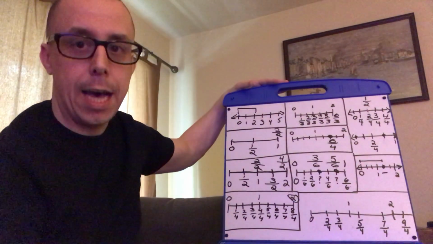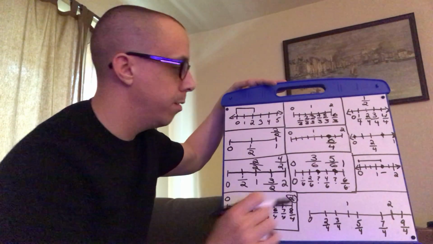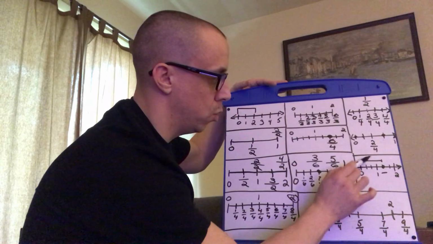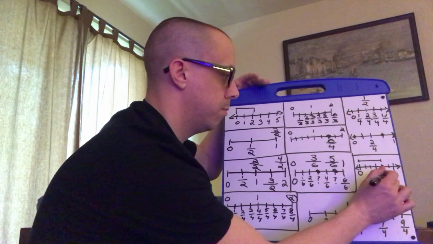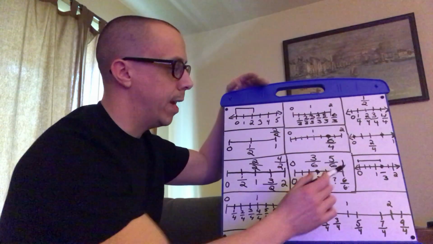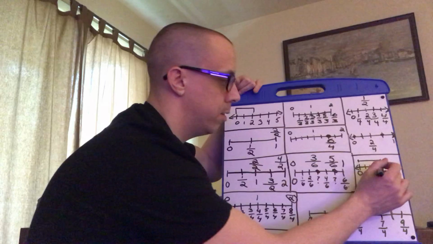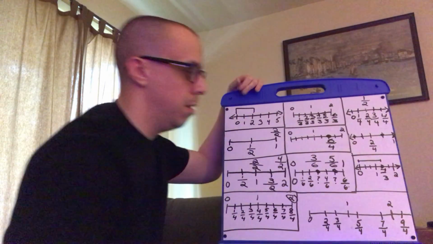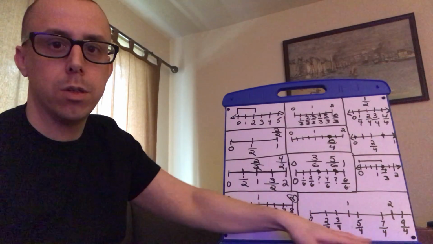In order to do that, count the total parts between 0 and 1. 1, 2, 3. So I'm dealing with thirds. Okay, this is 1/3, 2/3, 3/3, and that length would be represented as 4/3.